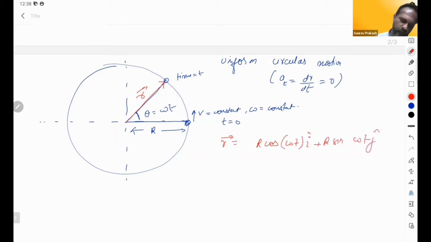This derivation, by the way, is important. Did you understand, Rashid? Sorry, j cap, this is the y axis.